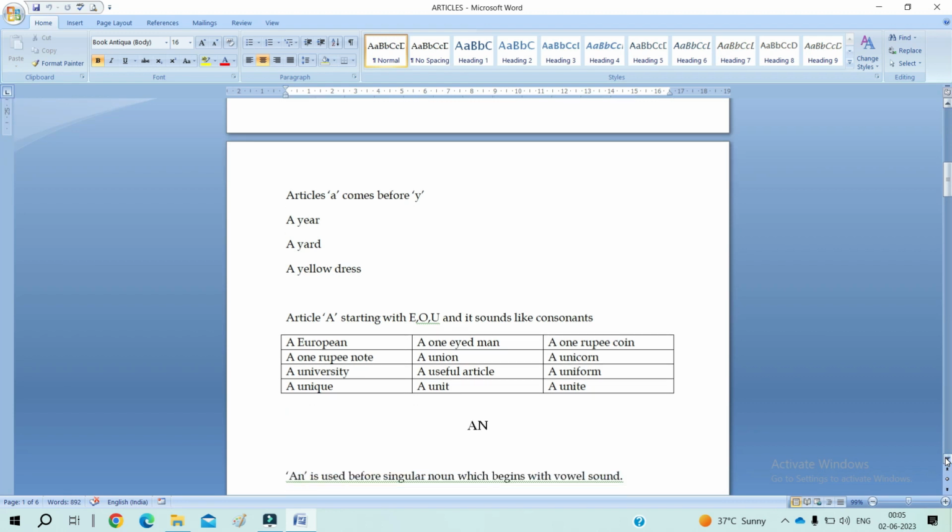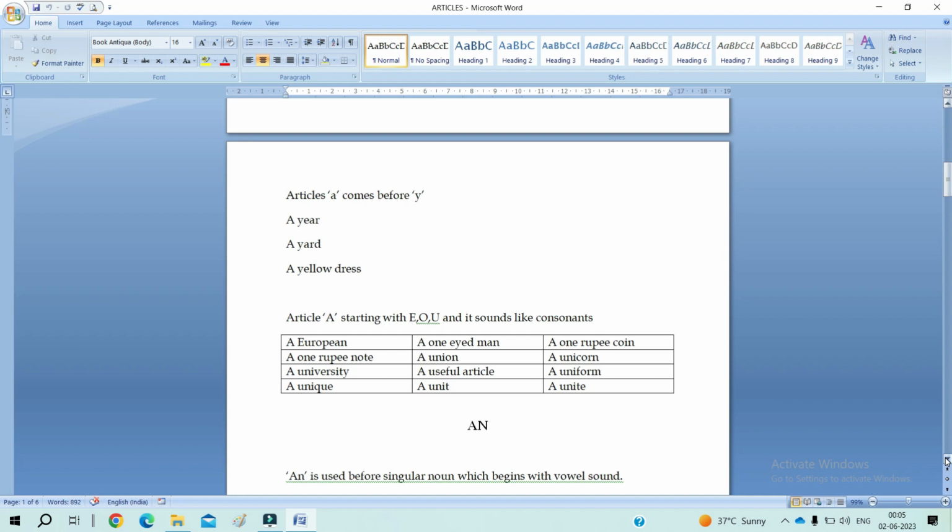Next, article a is used before words starting with e, o, u vowels when they sound like consonants. Before words starting with e, o, u but sounding like consonants, you have to write a.